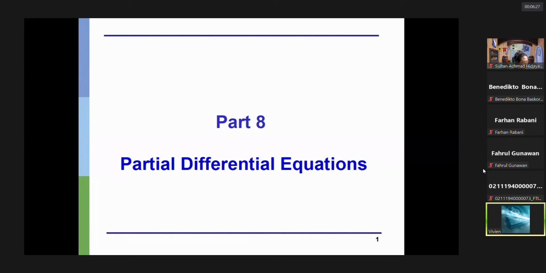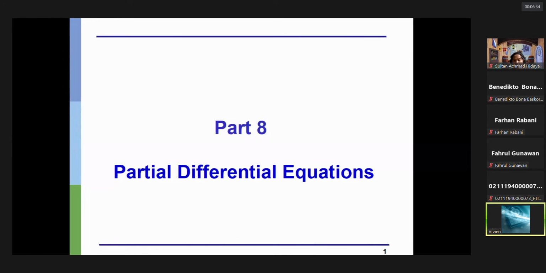I think it's not much for today, and quite easy because you have learned this before in heat transfer. But we will look deeper into this.